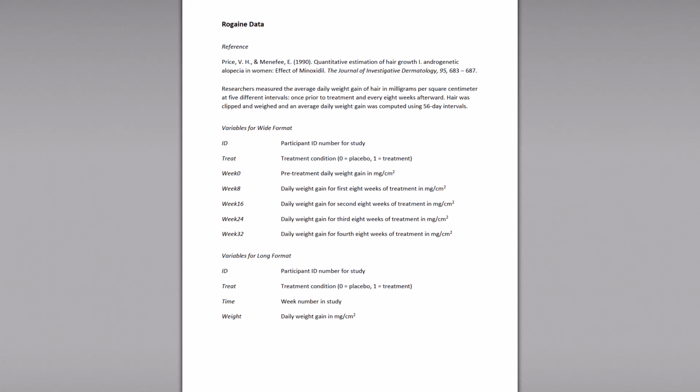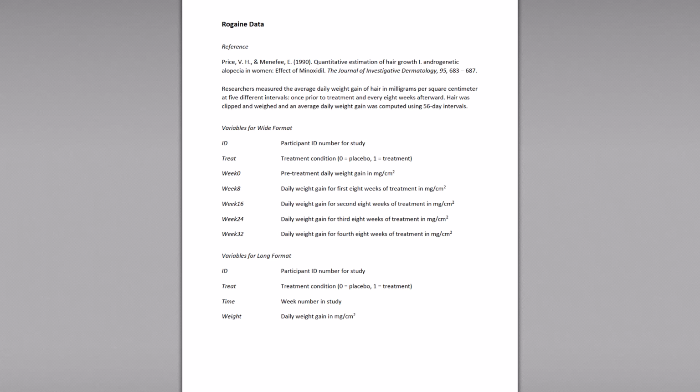What was done here is they actually measured out a little area on the scalp, and they would take the hair and pull it up from that little area on the scalp and cut it close and weigh it. They would do this at the 0, 8, 16, 24, and 32 week intervals, but then they also divide it by the number of days there were in an interval in order to get an average daily weight gain.